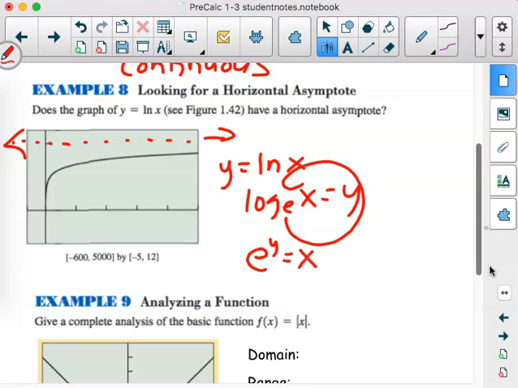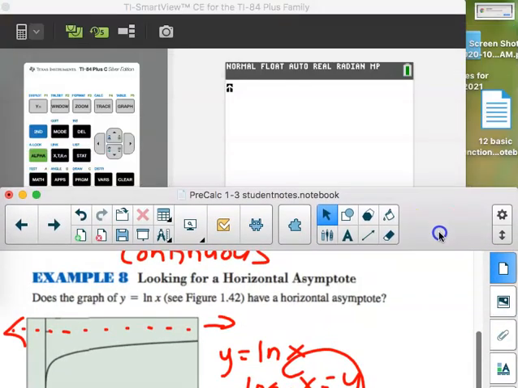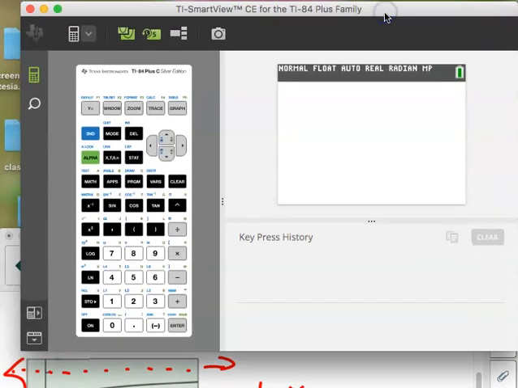So here's what they're really asking. Is there some y that we could not raise e to? Well, let's see. E is above the natural logarithm button, so second e to the, whoops, apparently it didn't grab my second.